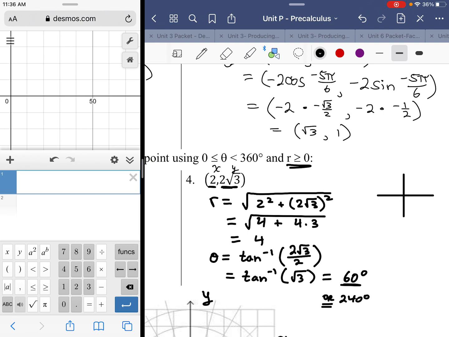So this is a possibility, because tangent based off of ASTC is positive in the first and third quadrant, but the inverse tangent only exists in the first and fourth quadrant.